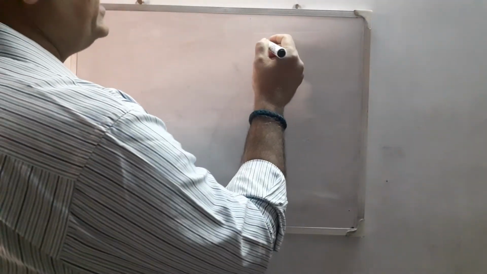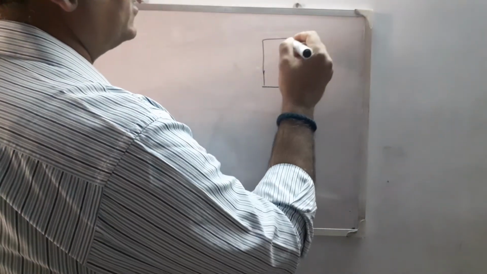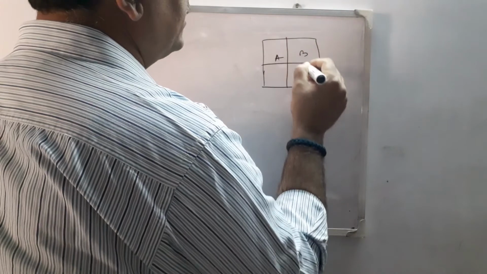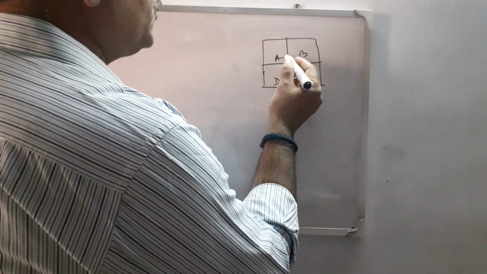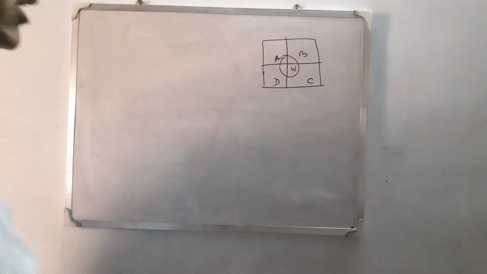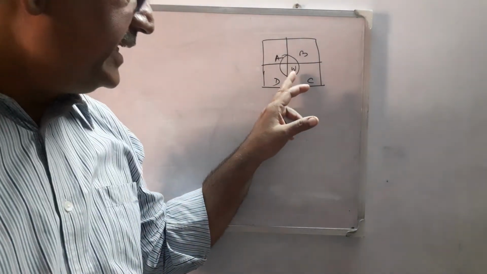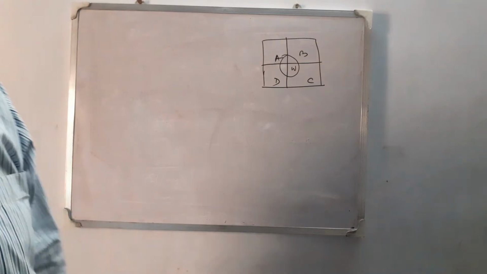Say, for example, there are 4 events in a sample space: A, B, C and D. And suppose there is one more event, say W, which occurs with all these 4 events. Now, if you are interested in finding the probability of W, how to get it?